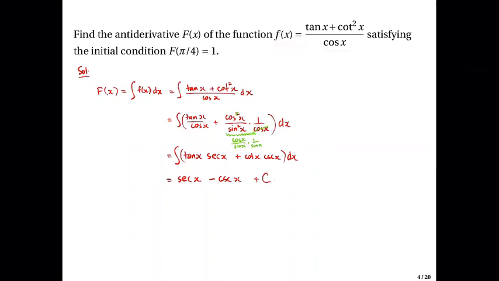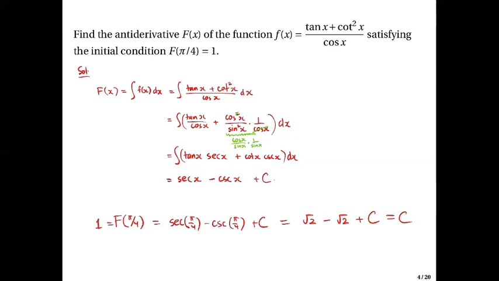Now, it is said that F of pi over 4 is equal to 1. Using the general antiderivative, we'll have secant of pi over 4 minus cosecant of pi over 4, plus c. But secant pi over 4 is just square root of 2, and the same with cosecant pi over 4, that's just square root of 2. And we have the plus c here.